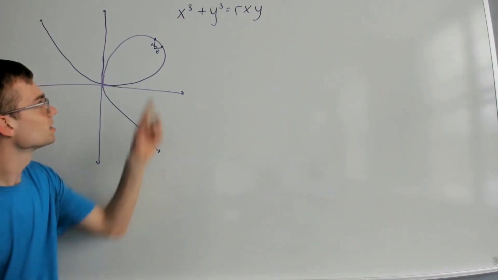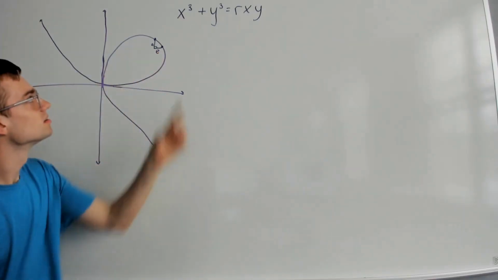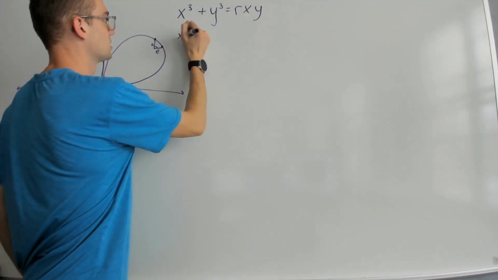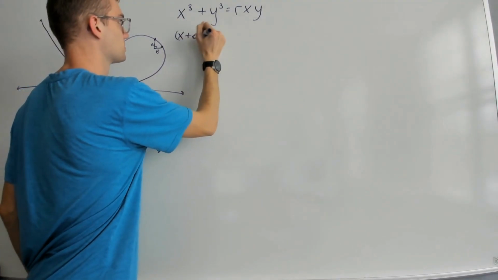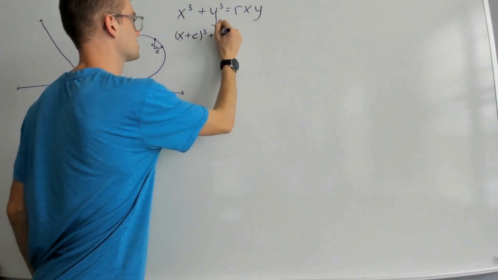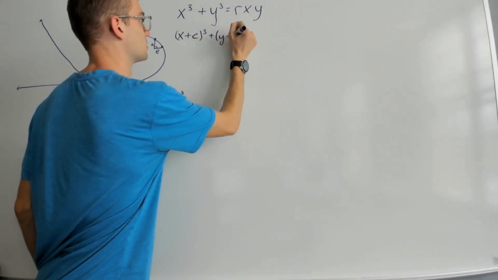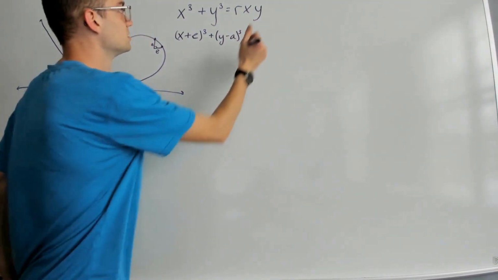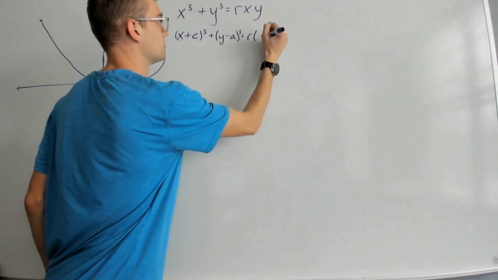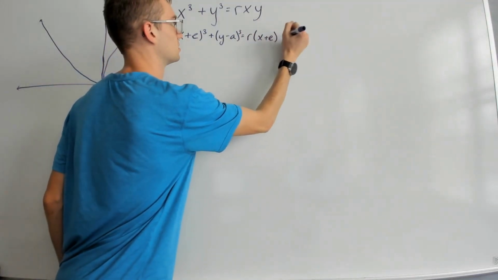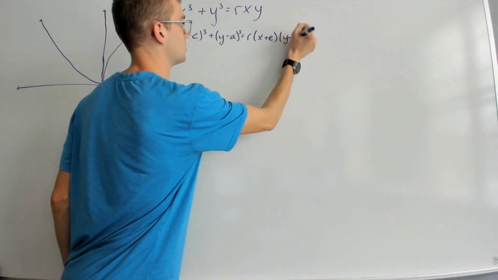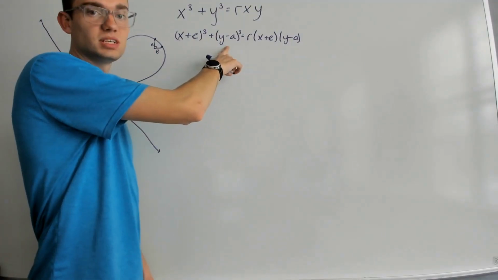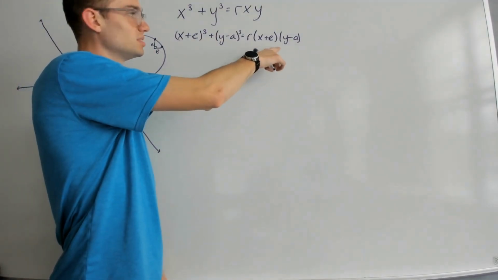Now, since the other point is assumed to be on the curve, we can just plug it into this equation: (x plus e) cubed plus (y minus a) cubed equals r times (x plus e) times (y minus a).